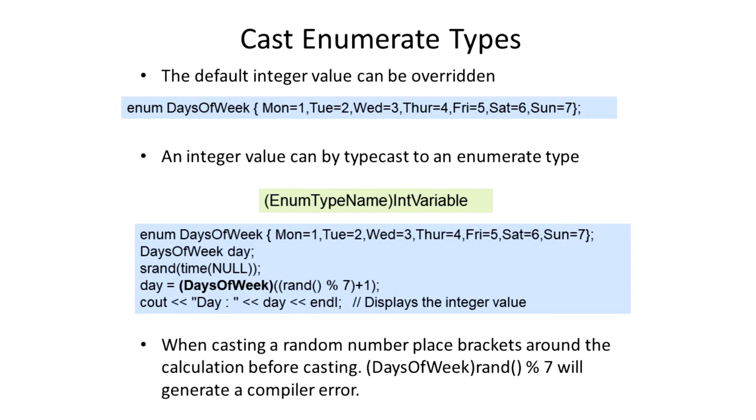As it's a constant, we can't come back and change it later, but we can do it at the point of declaring the enumerate type and all of the categories for it. So here we are just assigning the values of 1 to 7 rather than 0 to 6 for the days of the week. And then you can also convert integers back to the enumerate categories, as you see in the second half of the slide.